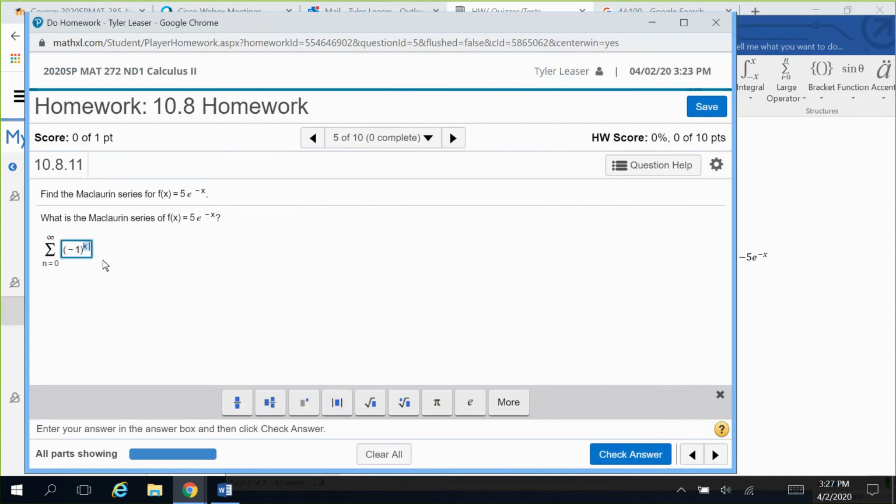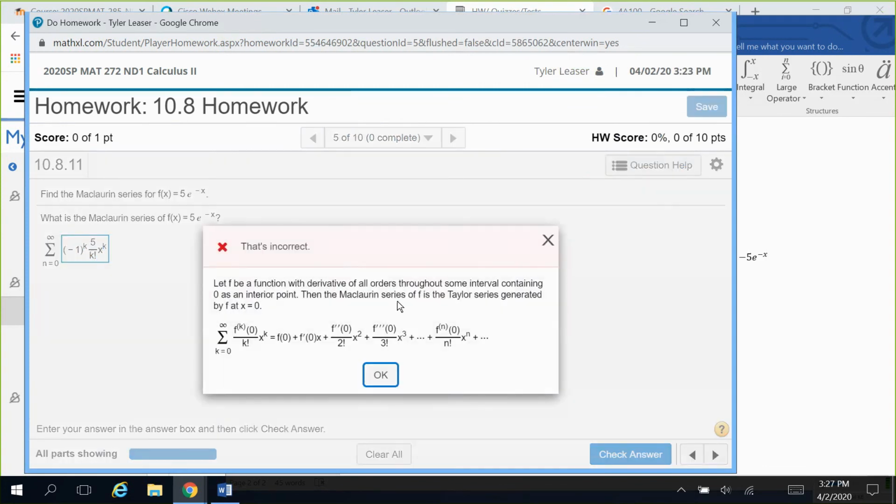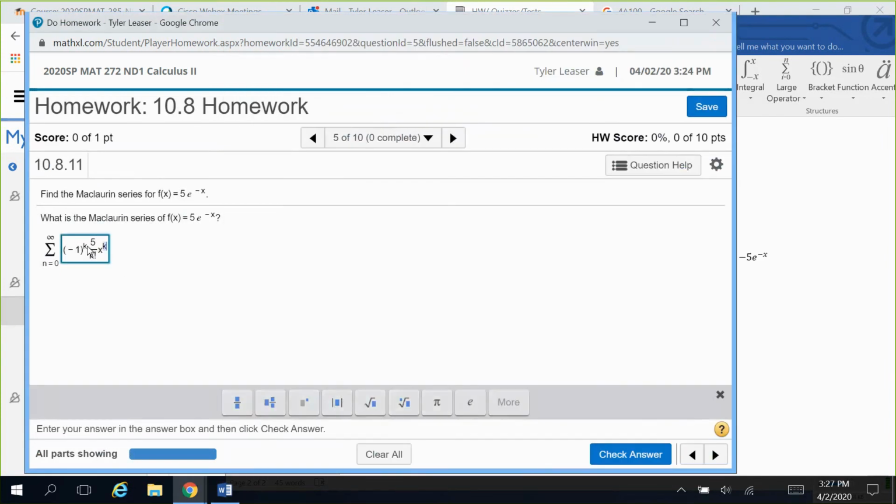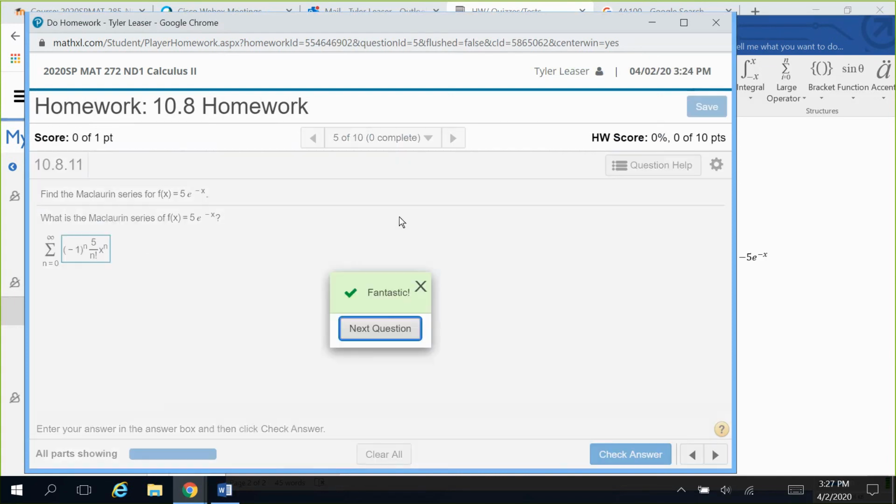So negative 1 to the k times 5 divided by k factorial, and that times x to the k. Oh no, I didn't like it. Oh, that's because I should have been using int. There we go.